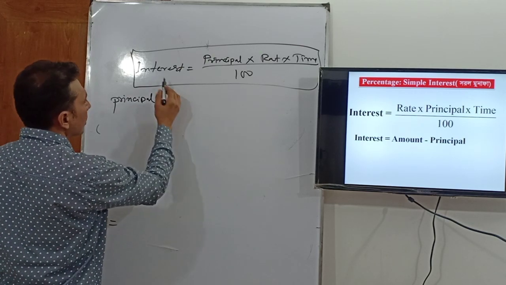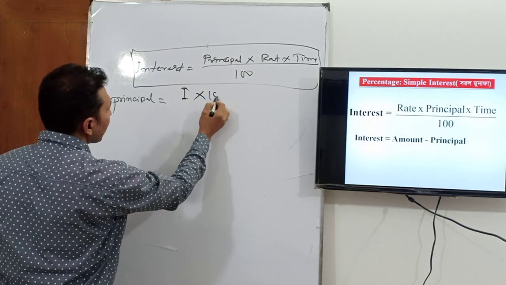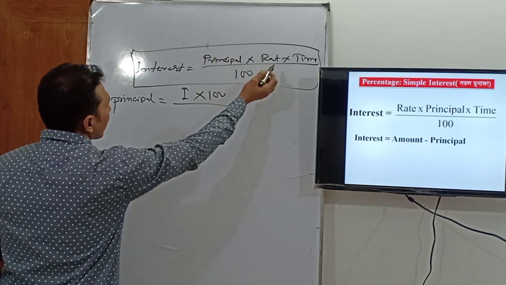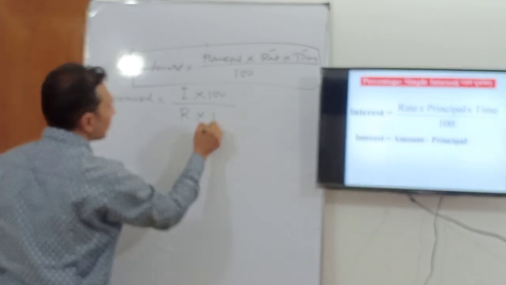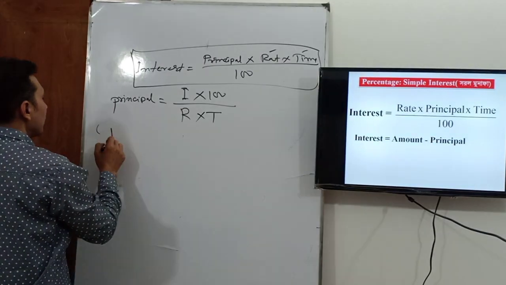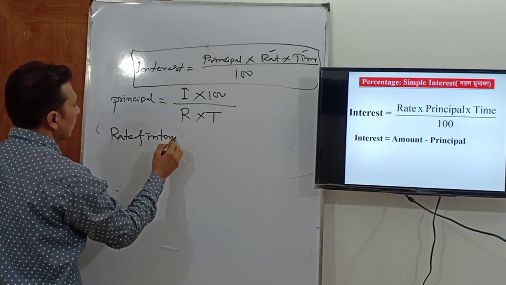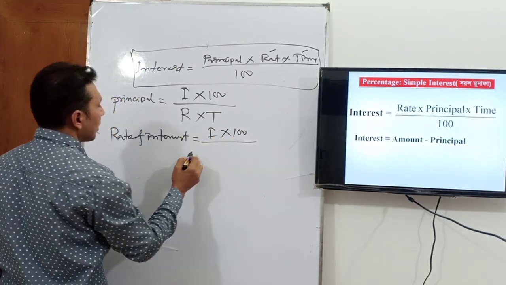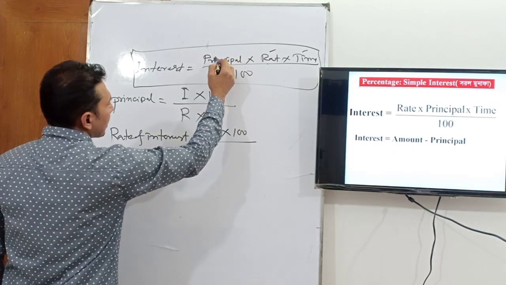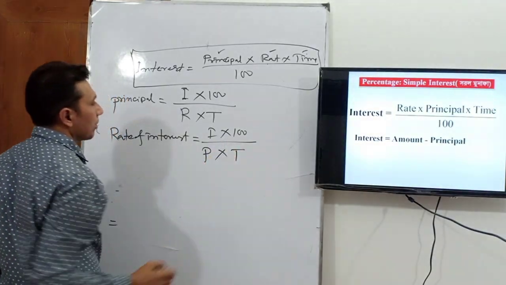Principal equal to, now I write in short form, interest into 100 divided by rate into time. Now rate of interest equal to interest into 100 divided by principal into time.